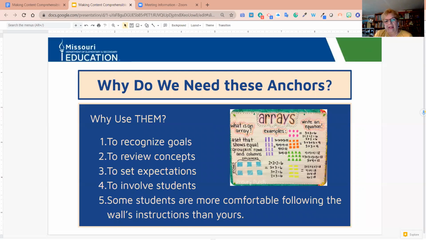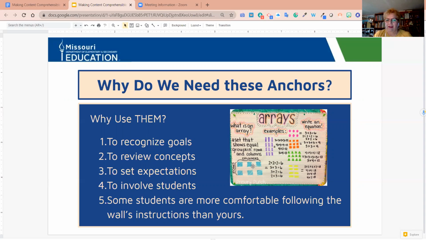So why do we need these anchors? It helps us to recognize the goals, review concepts, set expectations, involve the students, and allows them to be comfortable. So a lot of my students would keep these in their folders or in their notebooks. We would keep them on the wall as a poster that they could refer to often.